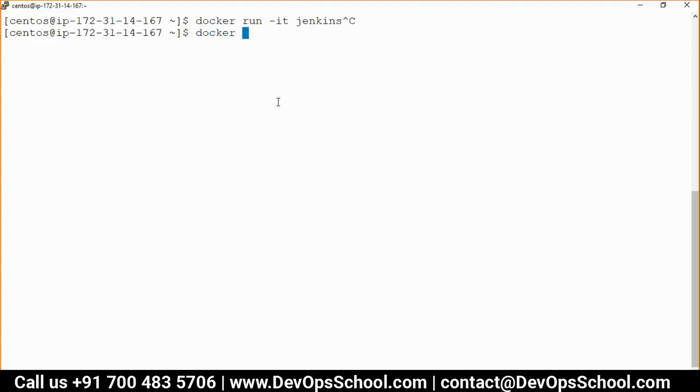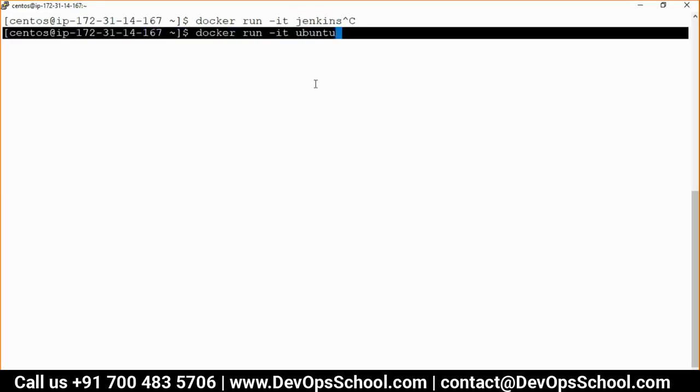Without thinking, you will not be able to learn Docker for sure. If I do ubuntu, see, when I do run with Jenkins, I become somewhere else. I become interactive to the tini. And when I do docker run -it ubuntu, I get the shell. How come this is different?